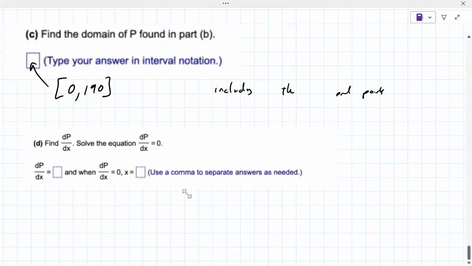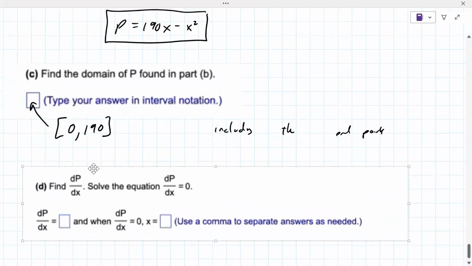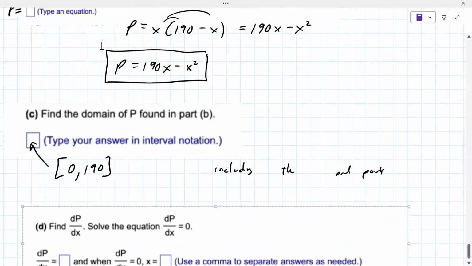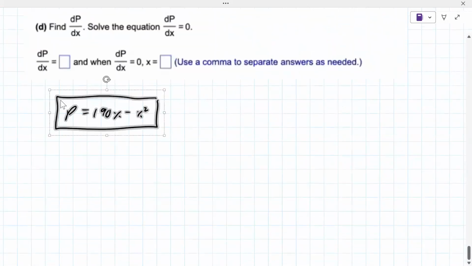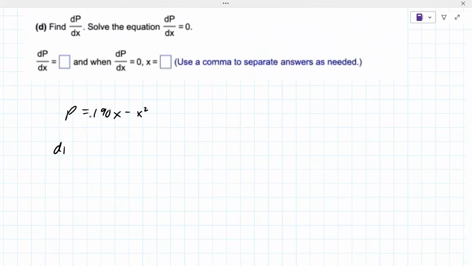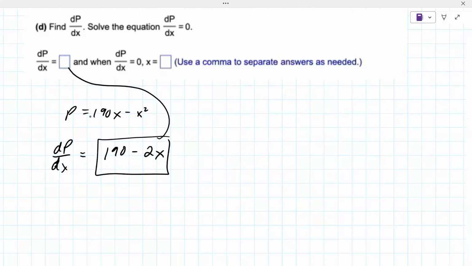All right, next is to take a derivative of this 190x minus x squared. Apologize for the scrolling. So dP/dx, that's just derivative notation. The derivative is 190 minus 2x. That's what goes in this first box.